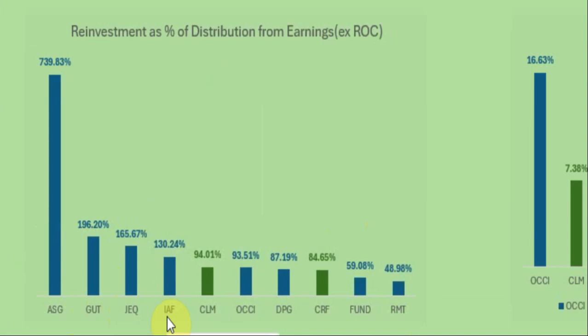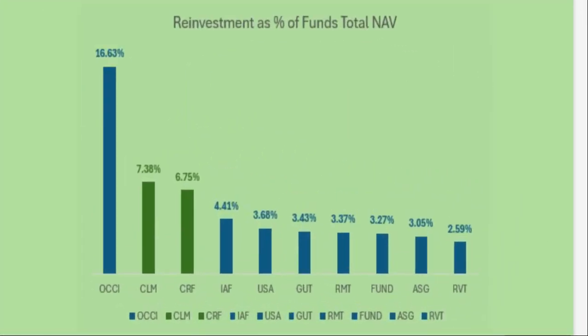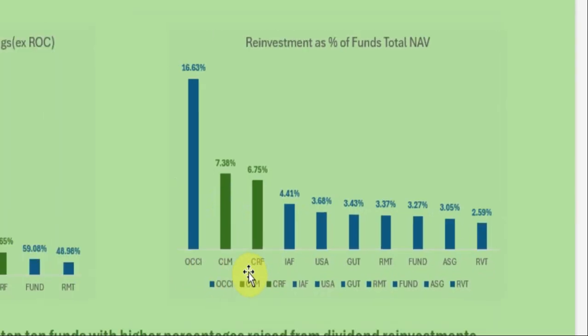You will also notice within the top 10 are the funds CLM and CRF. In the chart on the right are the top 10 funds' reinvestment amounts represented as a percentage of the fund's total net asset value, and not to my surprise, are CLM in second place and CRF in third.